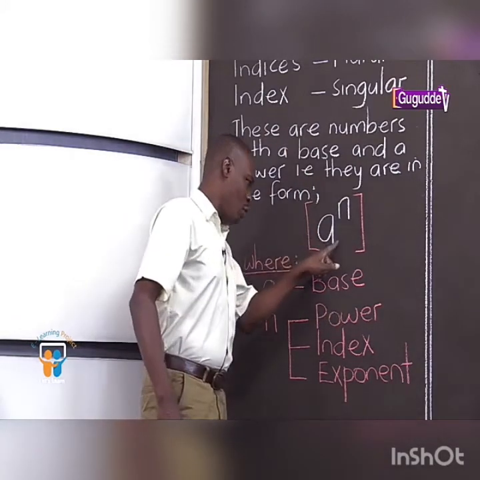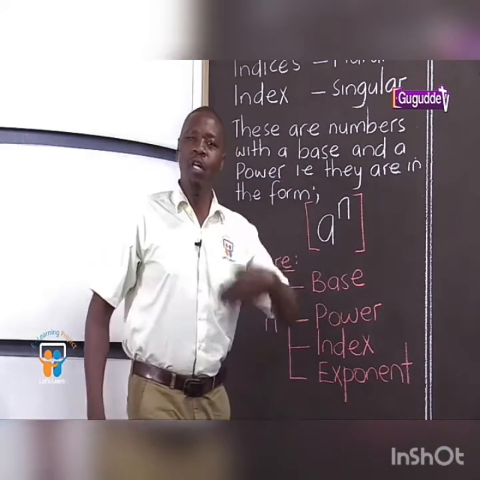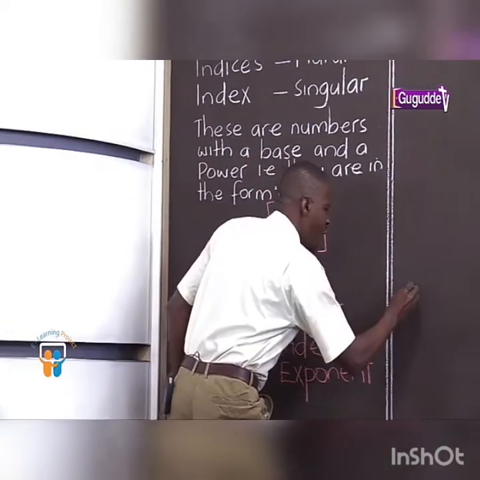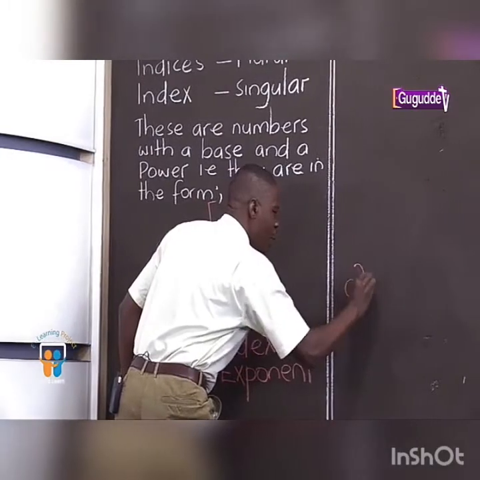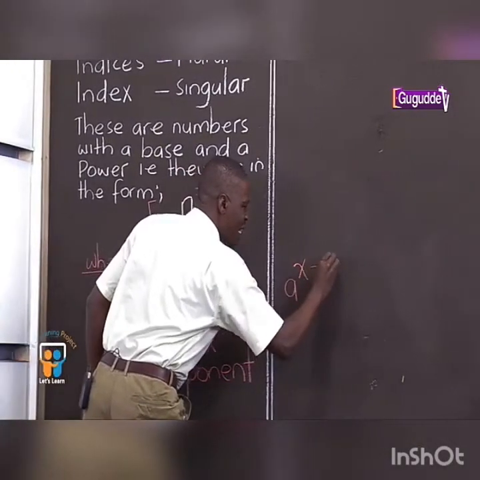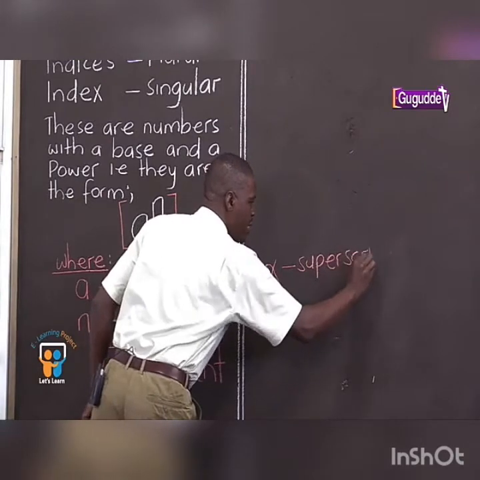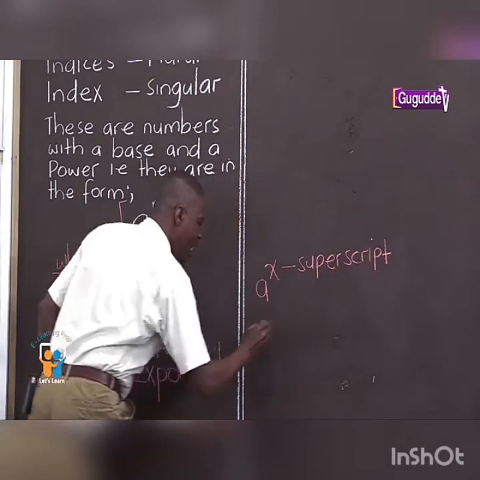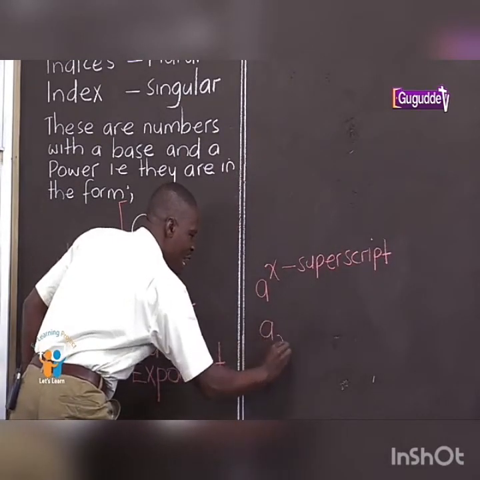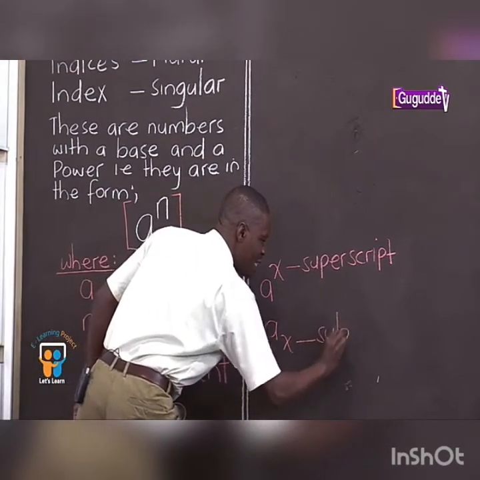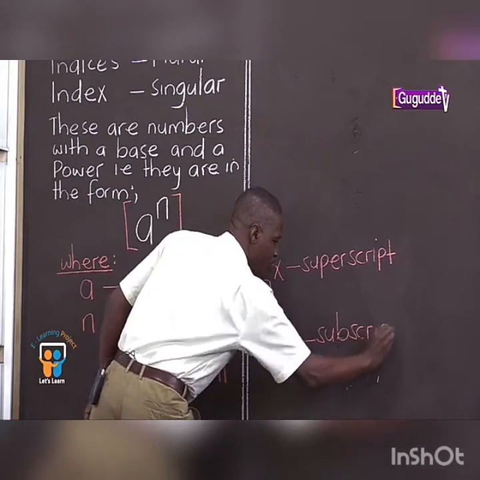When it is down, we call it a subscript. When you have, for example, a to the power x, this x here, you can say it is a superscript, while when you have a and then x down, we say this is a subscript.